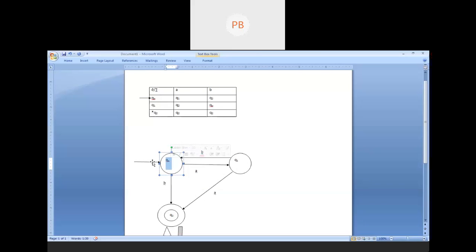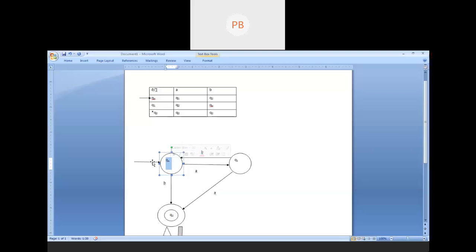Then the last point: nodes corresponding to accepting states, those in F, are marked by the double circle.